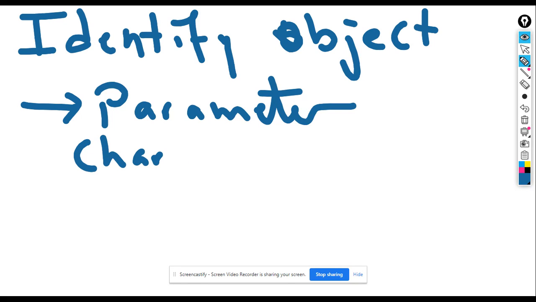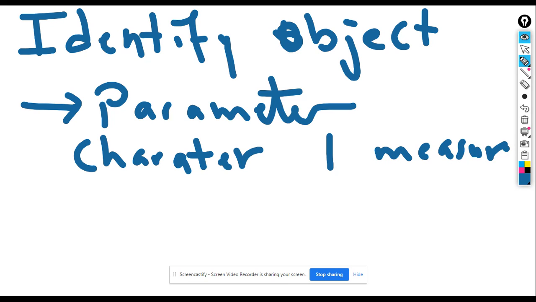The character I measure. This parameter might be, for example, measuring blood pressure, maybe for example, effect of smoking. So smoking is my parameter.